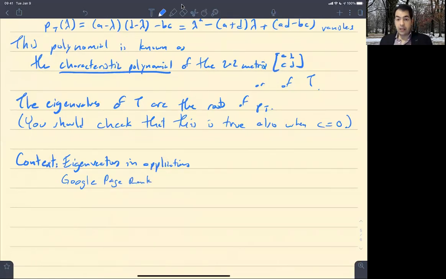algorithm. So the way Google works, or at least it originally worked, to rank web pages was to give each page a weight, right? This weight is just by how many other pages link to it, right?